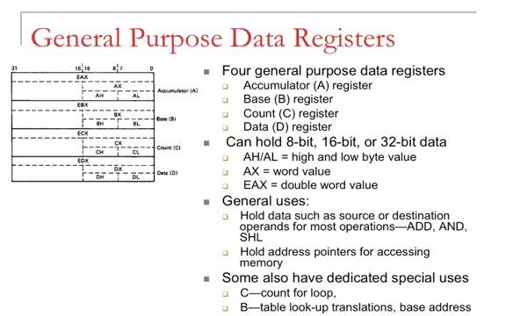What we do want to know is these data registers can hold 8-bit, 16-bit, or 32-bit data. And the way we refer to the lower bytes or lower word is by using AH, AL, AX. So given the value in EAX, you should be able to figure out the value in AX and AL and AH.